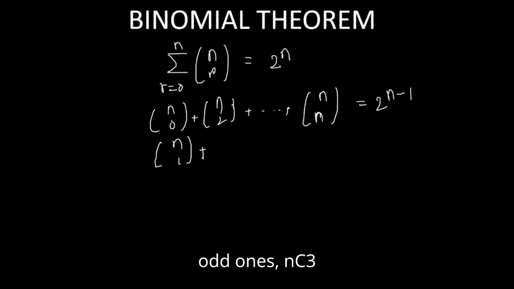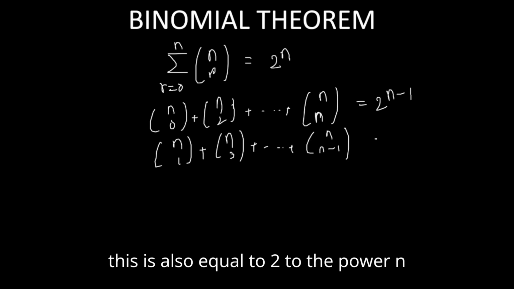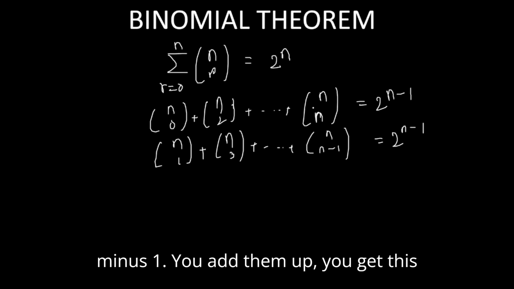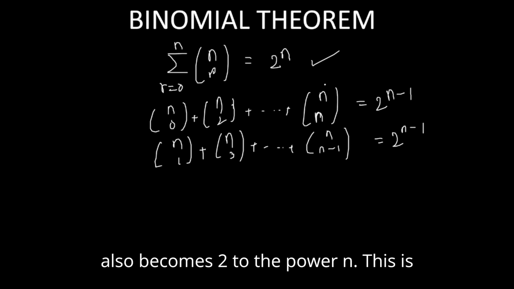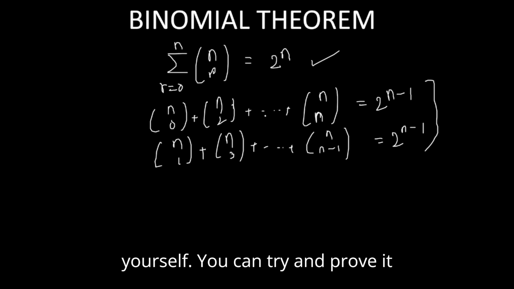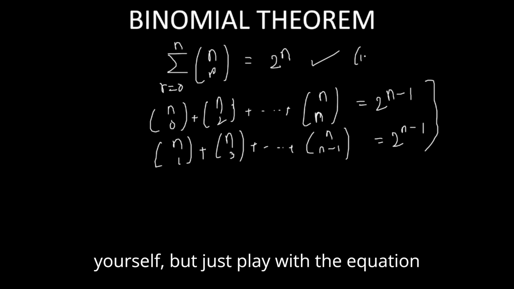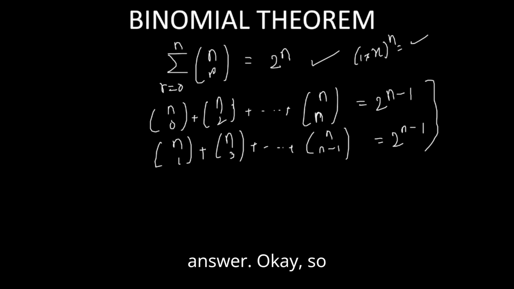And the odd ones, nC1, nC3 and all the way up to nCn minus 1, this is also equal to 2 to the power n minus 1. You add them up, and the sum on the right hand side also becomes 2 to the power n. This is important to note, and you can try and prove it yourself. Just play with the equation of (1 plus x) whole to the power n equals that expansion and try and plug in different values of x. You should get the answer.